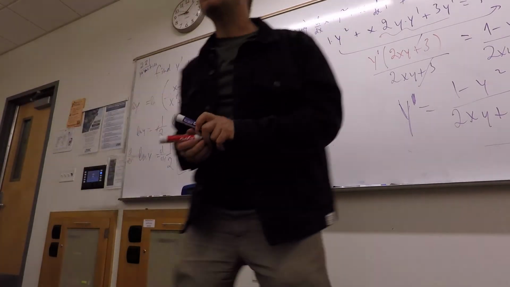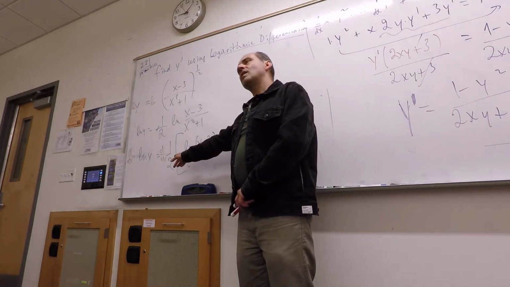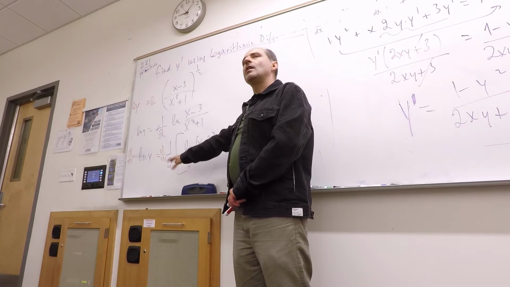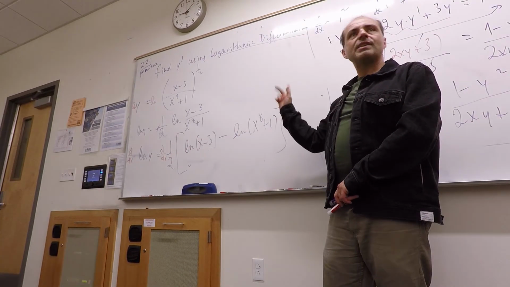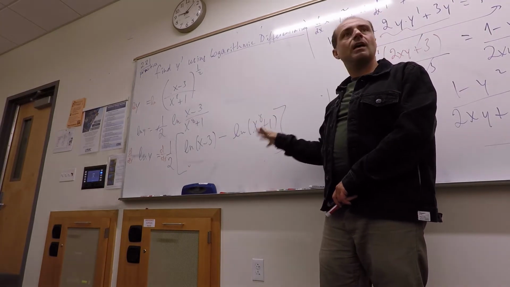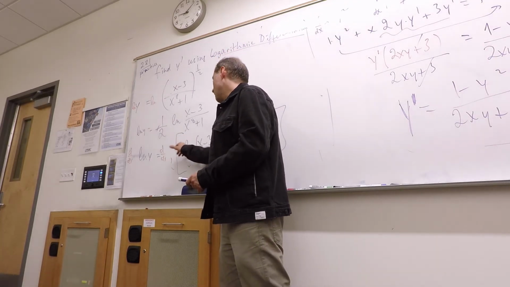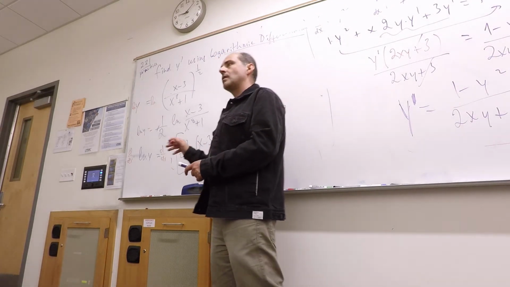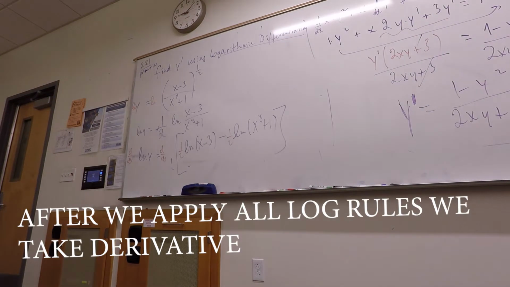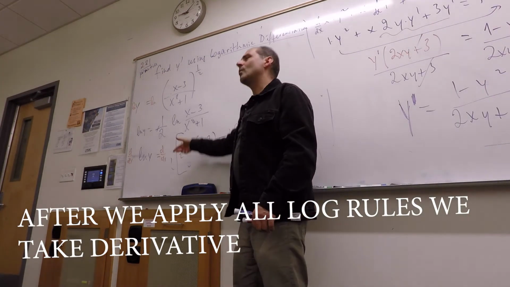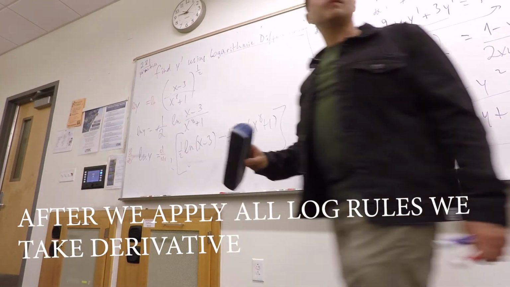It will be easier to do one more step first: distribute the 1/2 to both terms. Because I'm going to take the derivative of each, I don't want to multiply by 1/2 at the end. So the 1/2 stays there. Now we do the derivative.